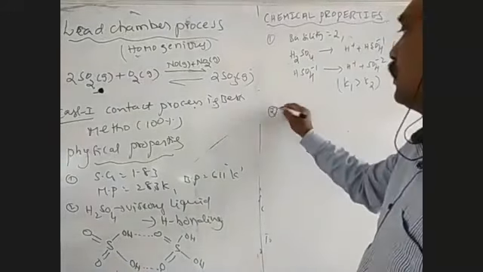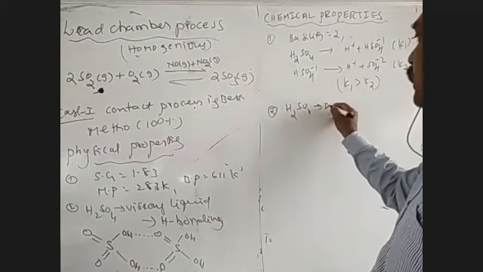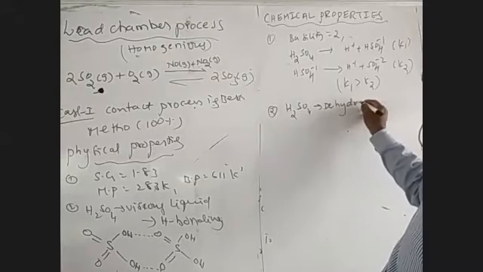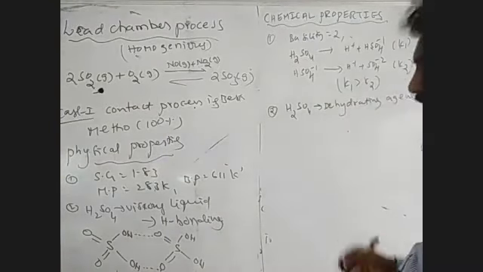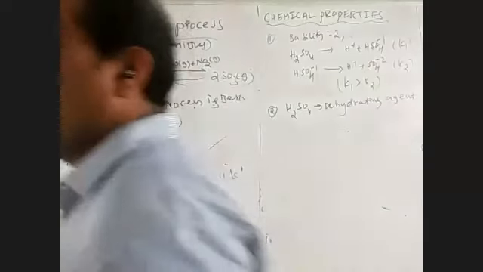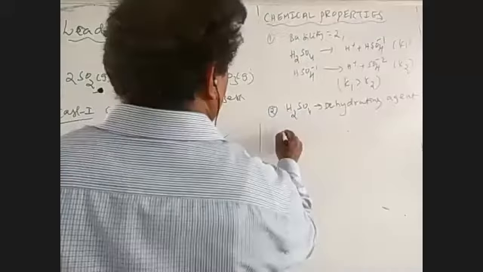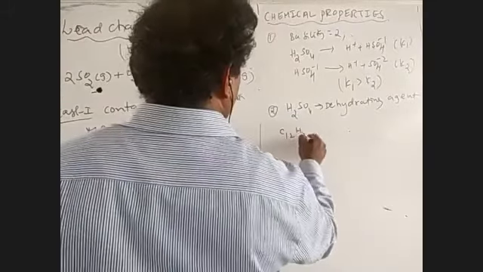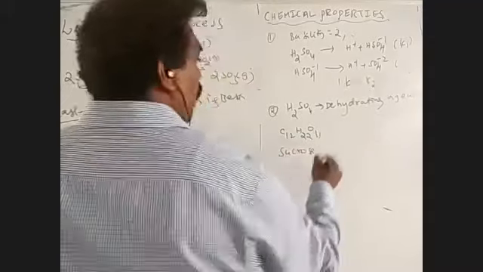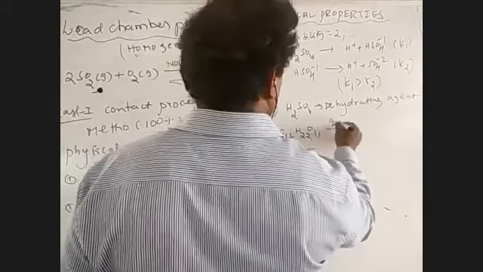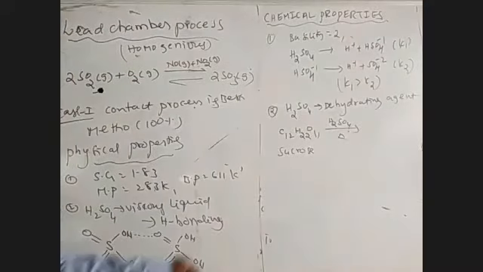Next, H2SO4 also acts as a dehydrating agent. Dehydration means removal of water molecules. If the carbohydrate C12H22O11, sucrose, is heated with H2SO4, it removes water molecules. How many water molecules can be removed?